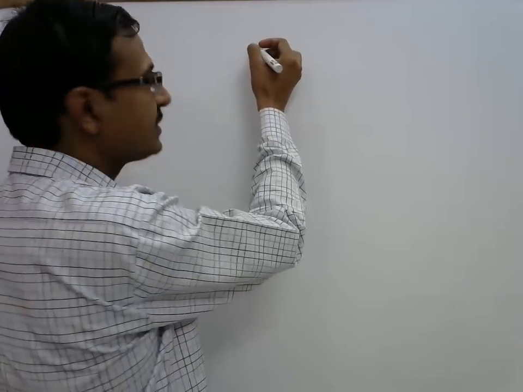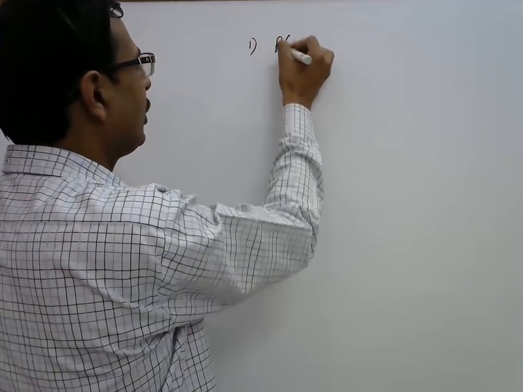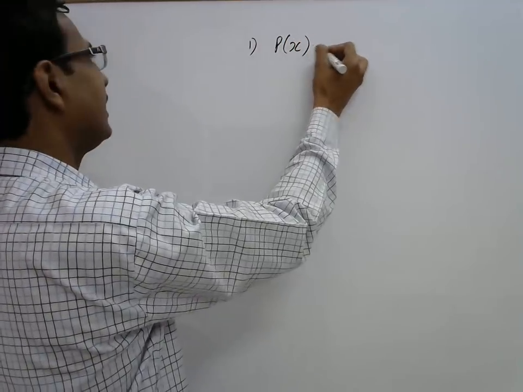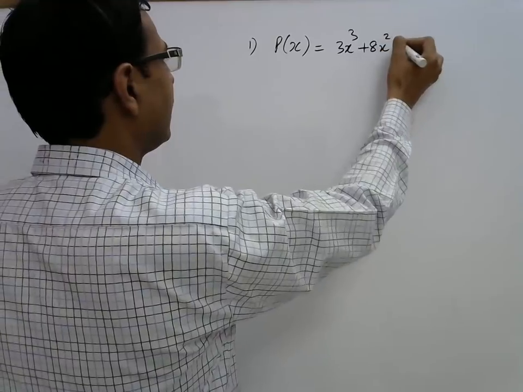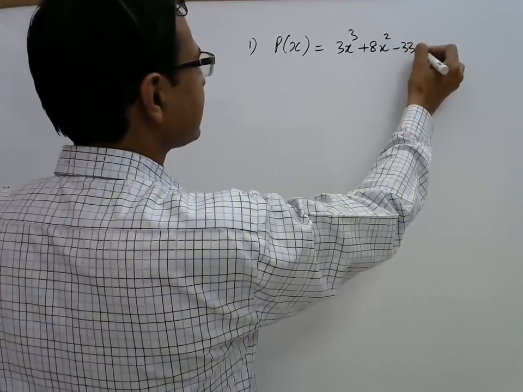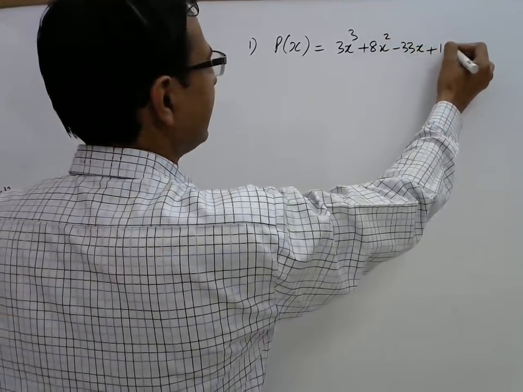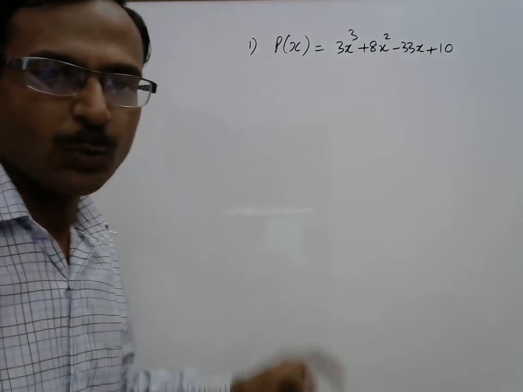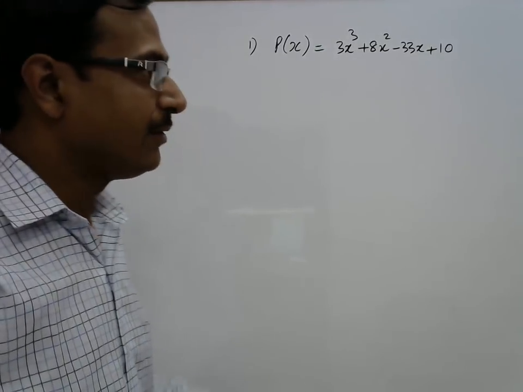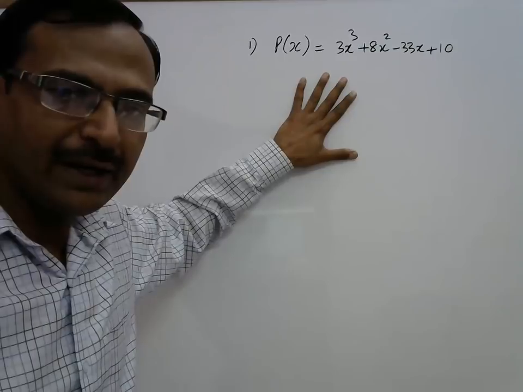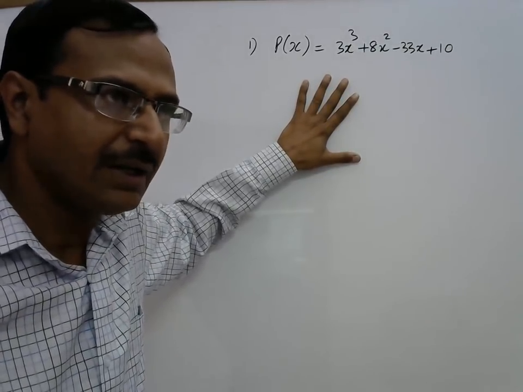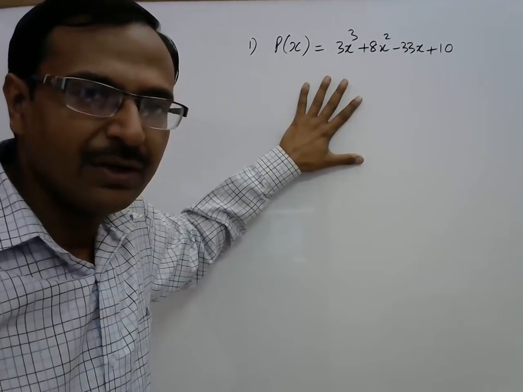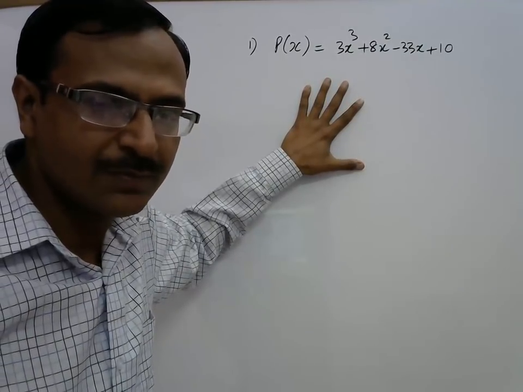The first question which I am taking is this: the polynomial p(x) which is given is 3x cube plus 8x square minus 33x plus 10. Now see, this is a cubic polynomial and we need to find the zeros of this polynomial. Obviously you have learned a method in class 9th wherein the hit and trial method was used.